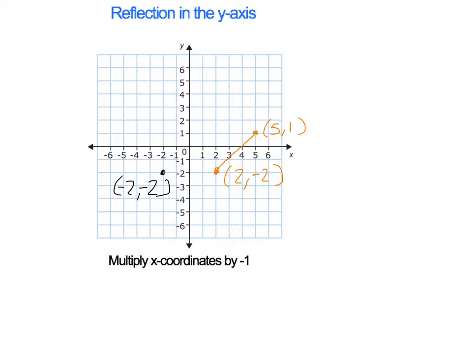Up here, I multiply that 5 by -1 because it's the x-coordinate. So 5 times -1 is -5. Then I leave the y-coordinate 1 by itself. So where's the point? -5, 1, left 5, up 1. And there you go. This black line is the reflection in the y-axis of the orange line segment.